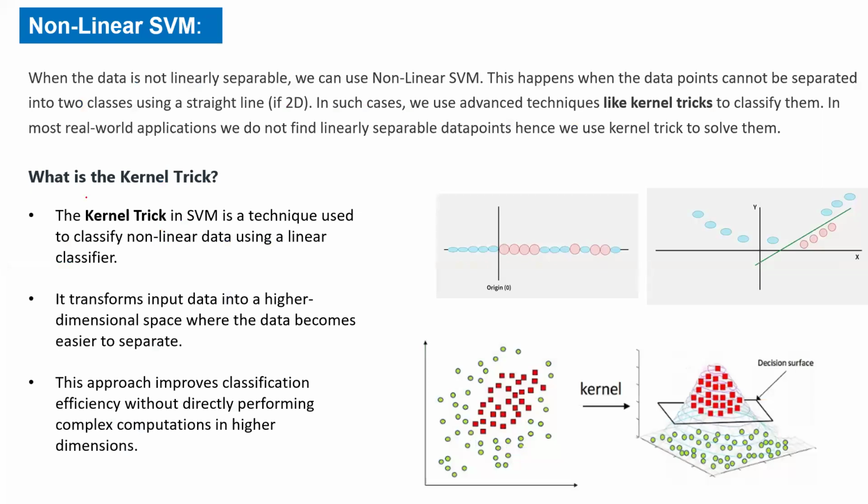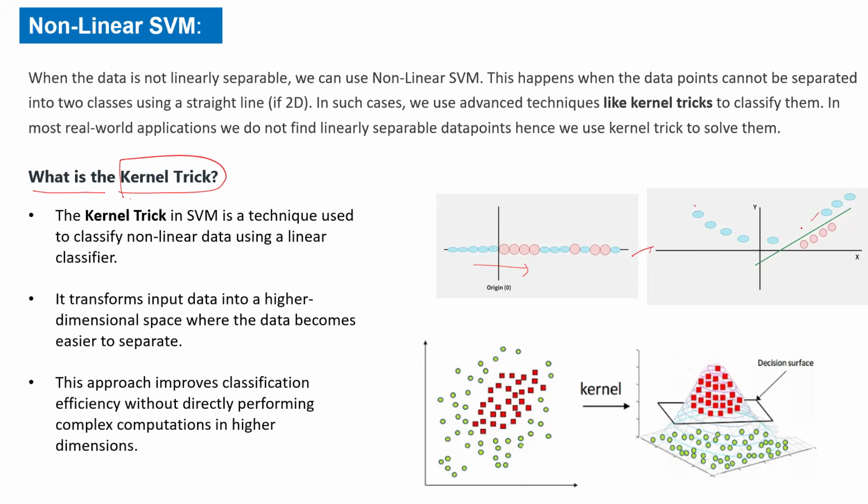So, what exactly is the kernel? What is this kernel in the non-linear SVM? Let's say the data points are looking like this. If you are using the kernel trick, it will separate the data points in this manner.